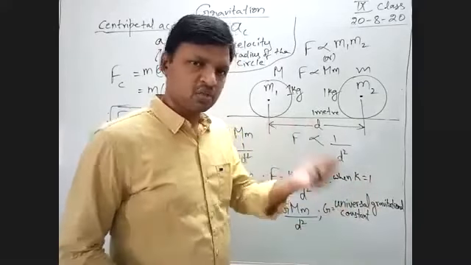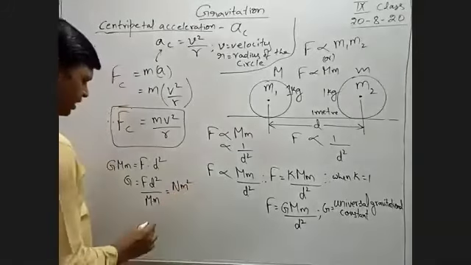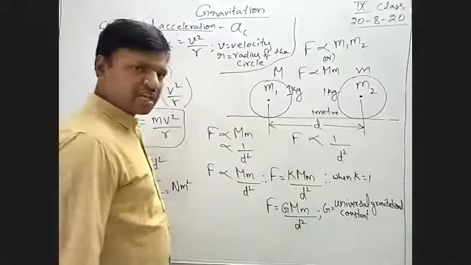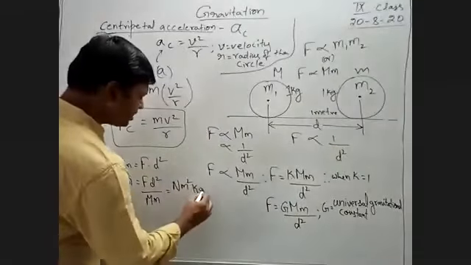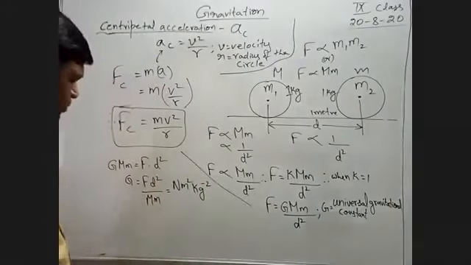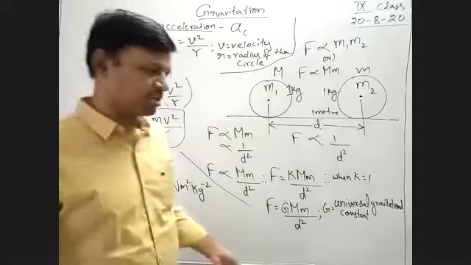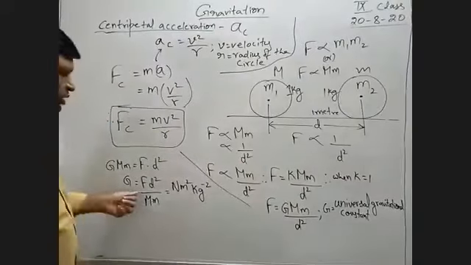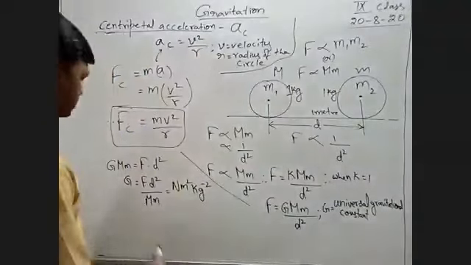Mass into mass is kg into kg, kg square, and as it is in the denominator, we write it as kg power minus 2. So the unit of the universal gravitational constant, symbol capital G, is Newton meter square per kg square.